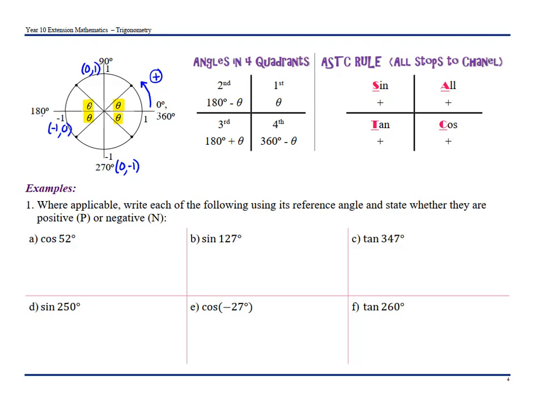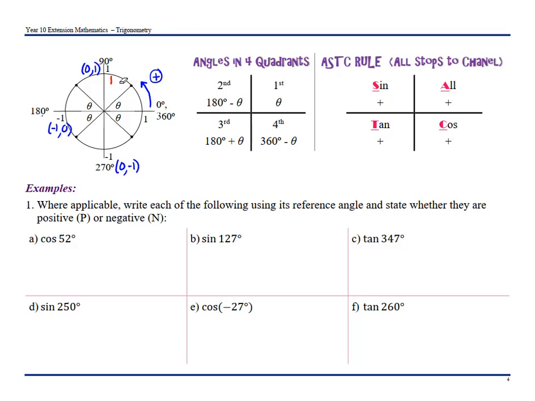If we're in our second quadrant, if I know what this theta is, then this angle here is going to be 180 degrees minus theta. So that angle there is 180 minus theta, because all the way around is 180, but I want to go 180 minus theta.